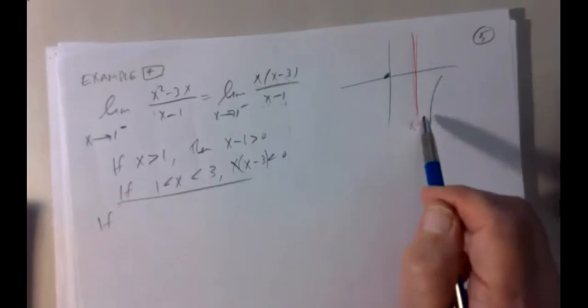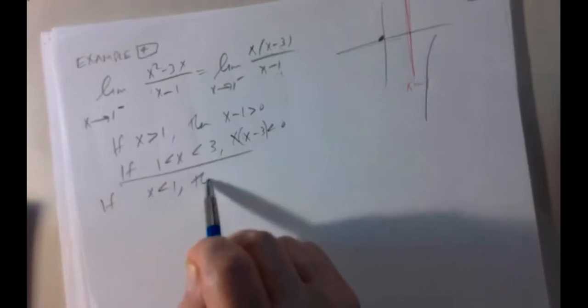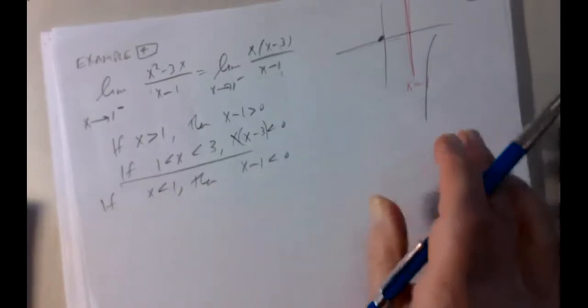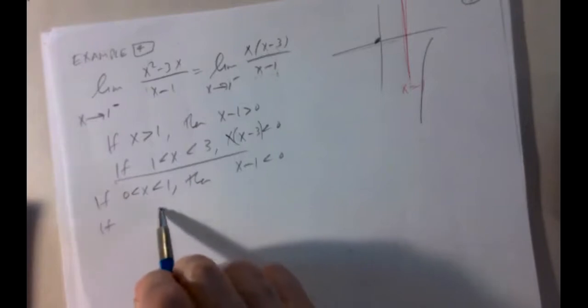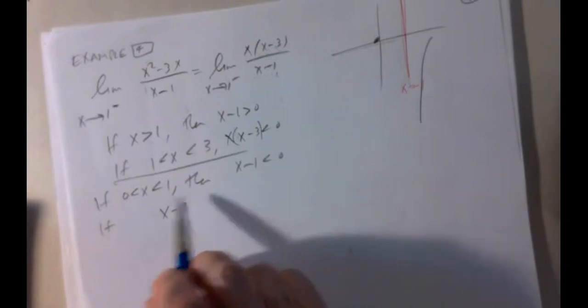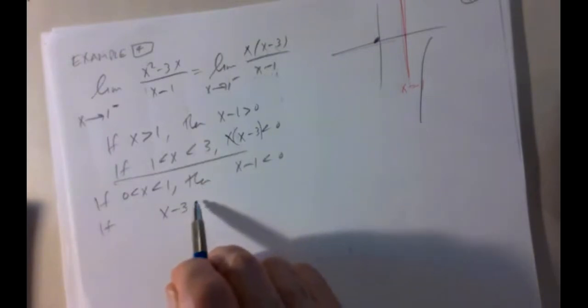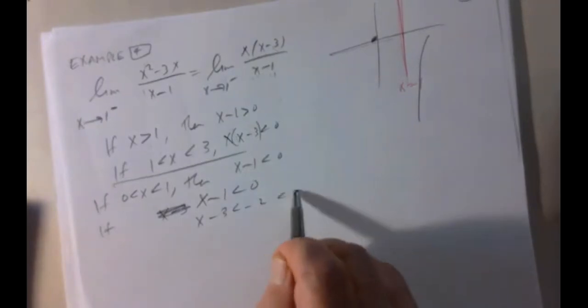And on the other hand, if you approach x equal 1 from the left, what can we say? So if x is less than 1, then x minus 1 is negative. And if x is bigger than 0, then x minus 3, if x is less than 1, x minus 3 is less than minus 2, is negative.